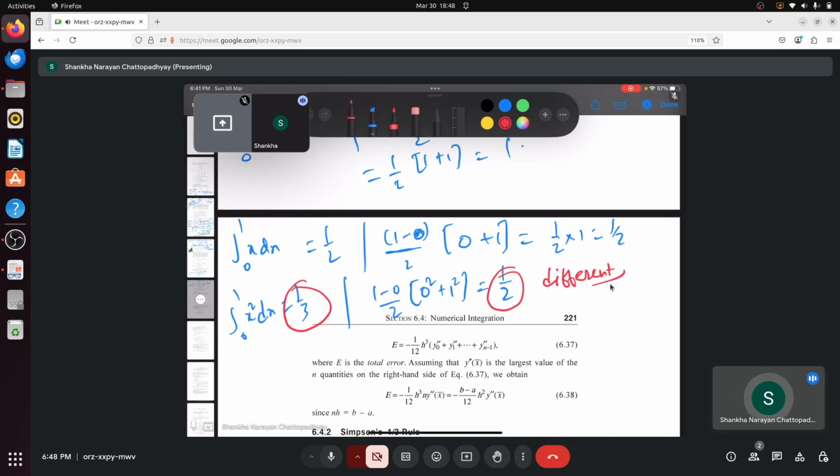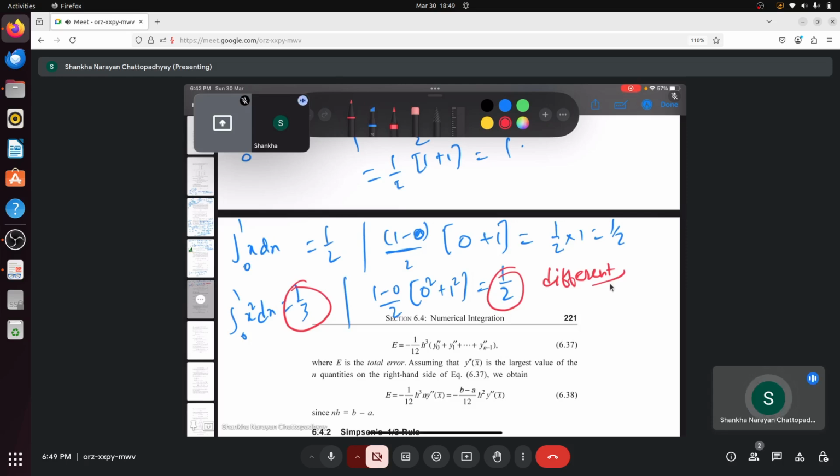That means the trapezoidal method will give you the correct answer for functions up to linear polynomials. So if you have sin x and you try to integrate it with the trapezoidal rule, the answer will not be free of errors.